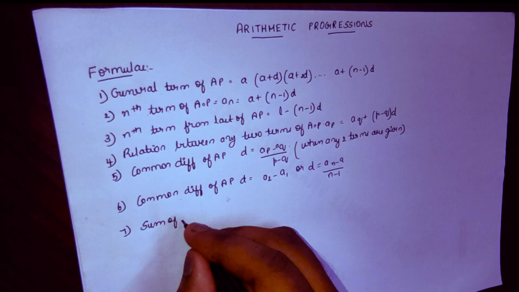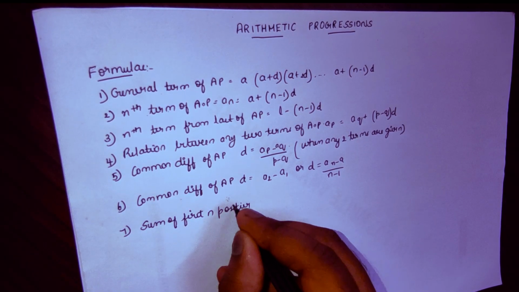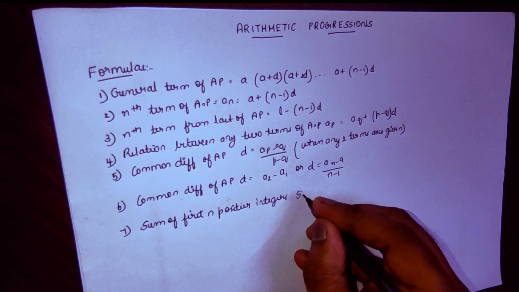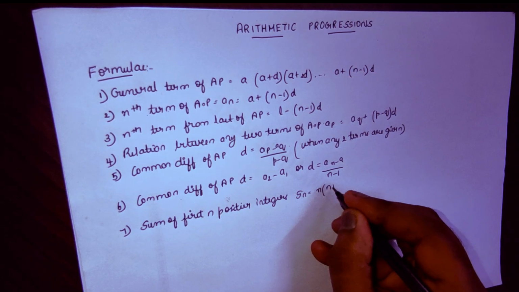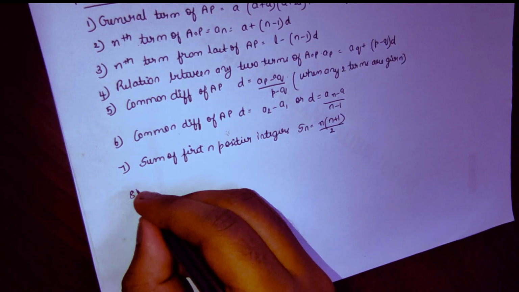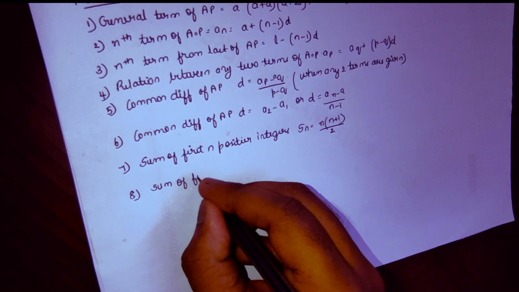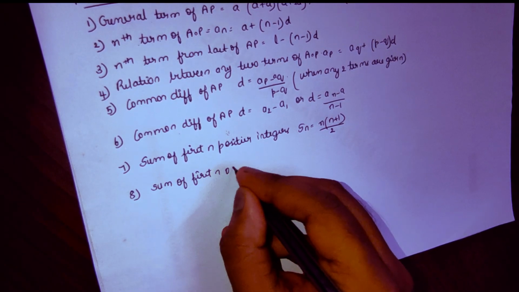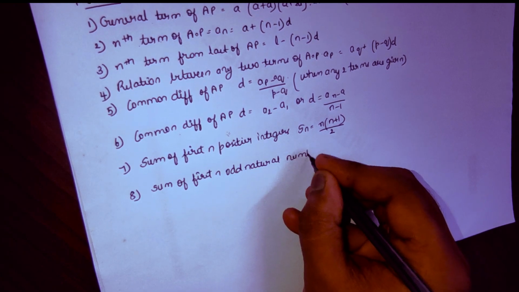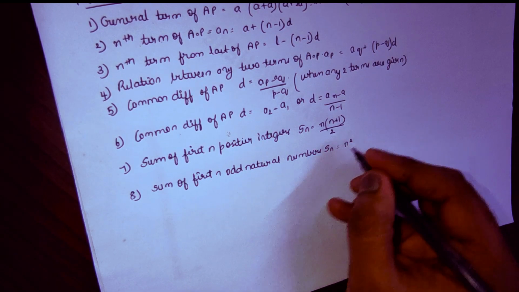Sum of first n positive integers: Sn is equal to n into (n plus 1) divided by 2. Sum of first n odd natural numbers: Sn is equal to n square.